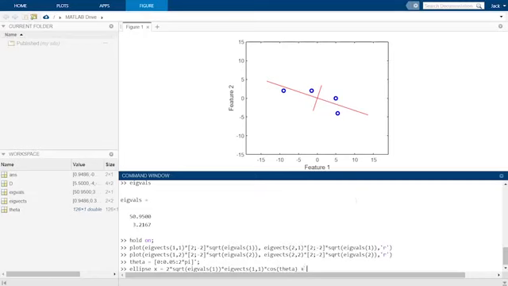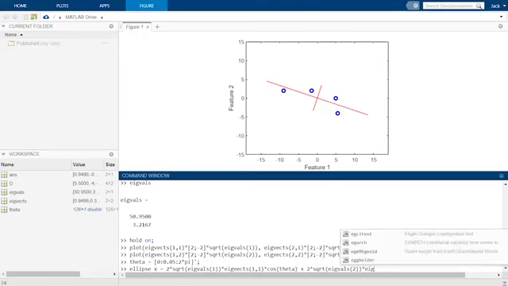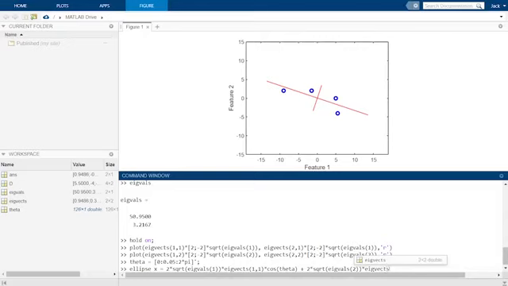Then we add the second radius, which is 2 times the square root of eigenvalue 2, multiplied by the x component of the short axis vector in eigenvectors 2, multiplied by the sine of theta.